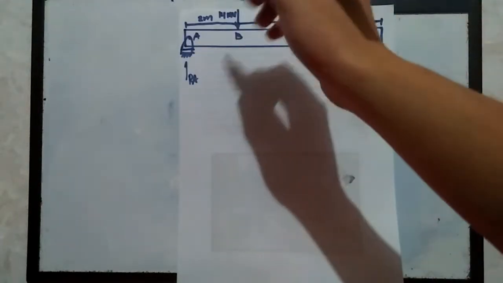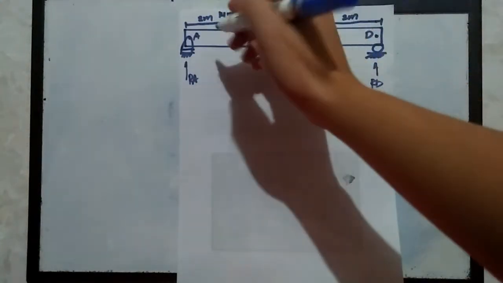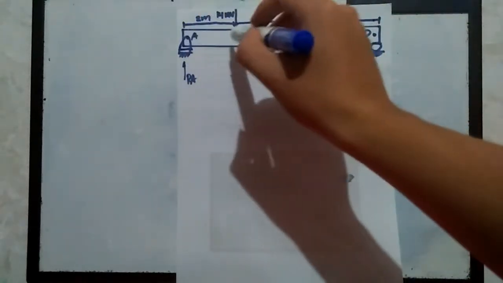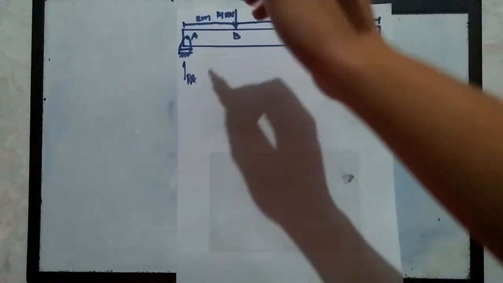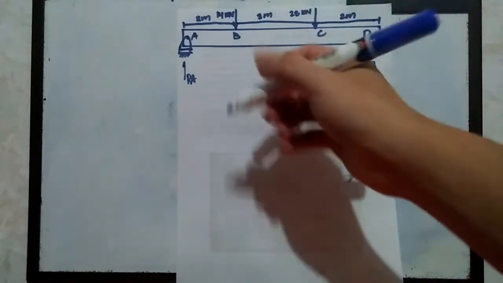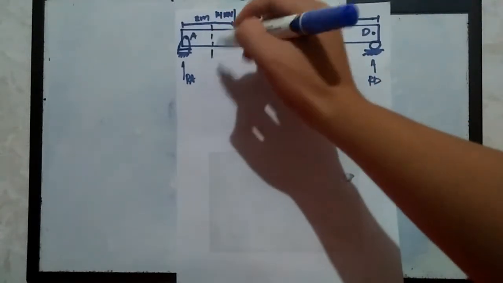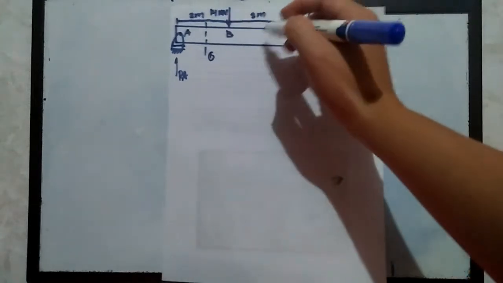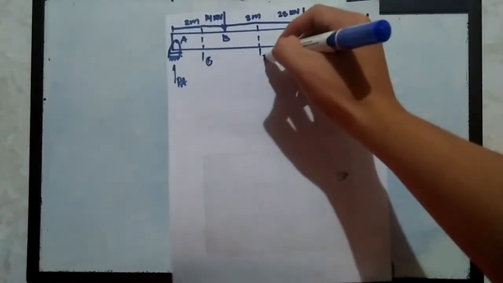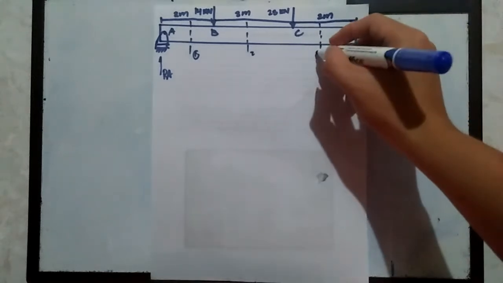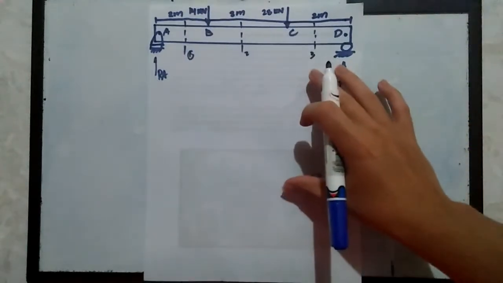In order for us to solve the internal forces of this beam, we need to use the method of sections. Since we have three segments, A to B, B to C, and C to D, we must do the method of sections three times: section 1, section 2, and last but not least, for CD, section 3.